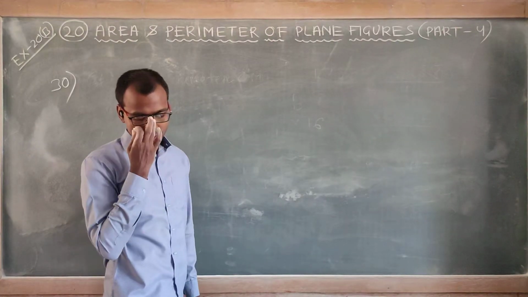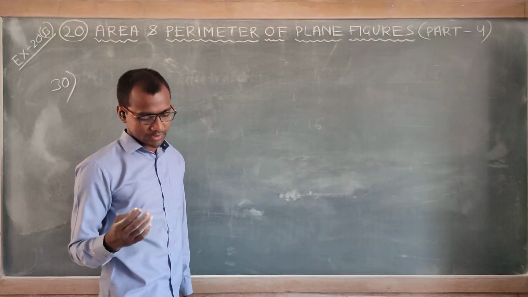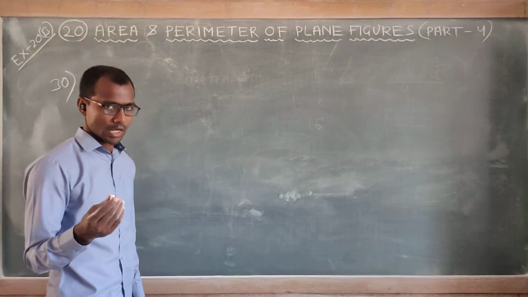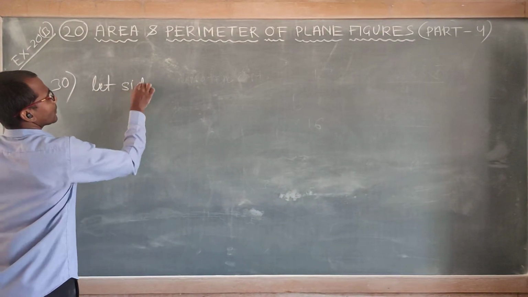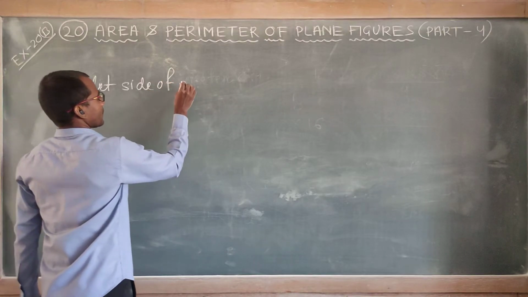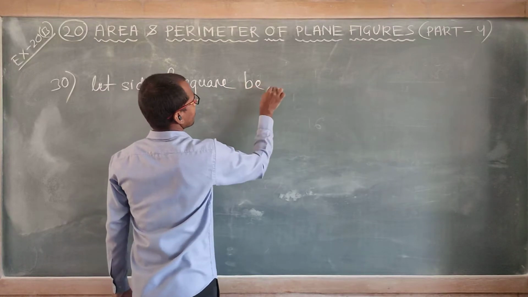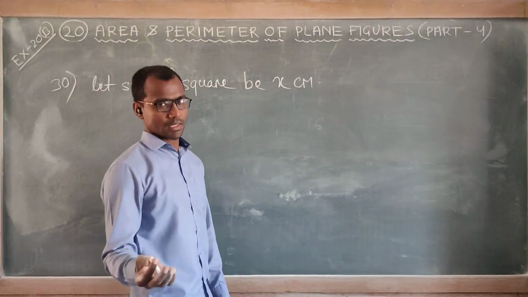The length of a rectangle is twice the side of a square. Side of square not given. And its width is 6 cm greater than the side of the square. Okay. So let us start from the square. Let the side of square be x cm. You can take a cm also, no problem.